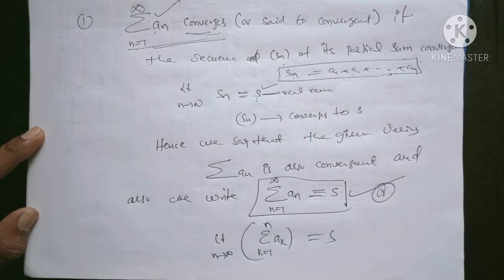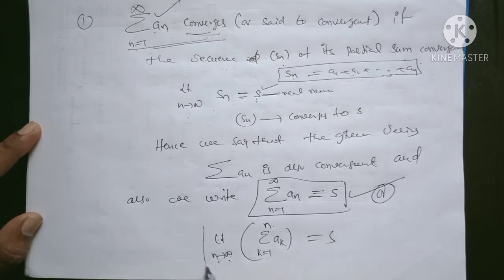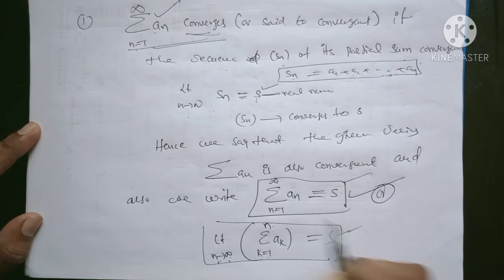The series can be written as ak, where k runs from 1 to n, and here n tends to infinity, so the meaning of both is the same. So the sum of the series is equal to a finite value s, therefore the given series is convergent.